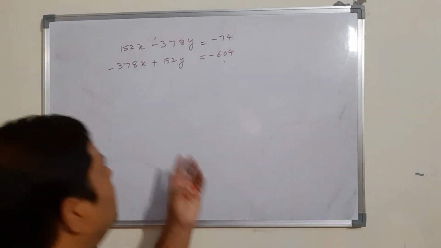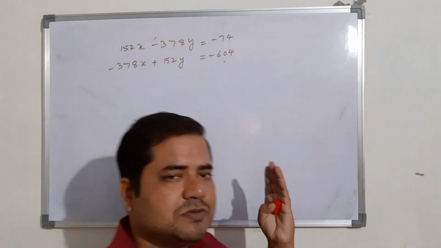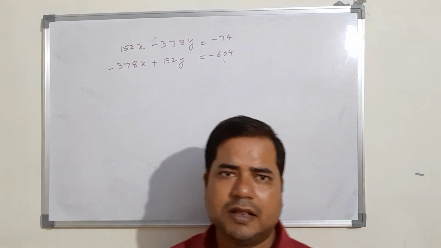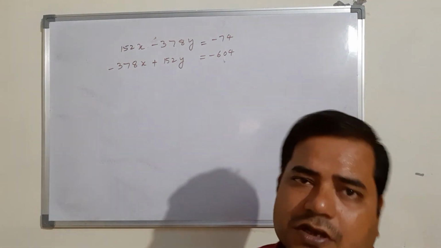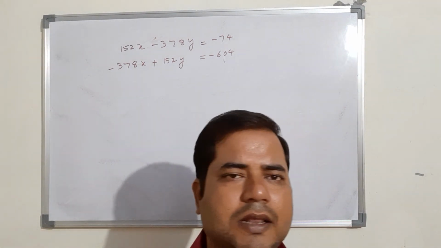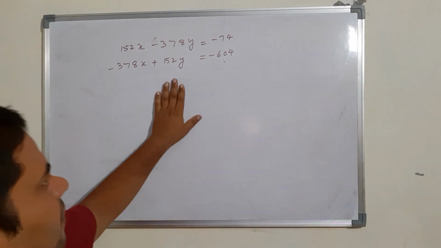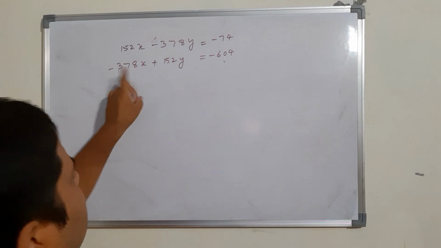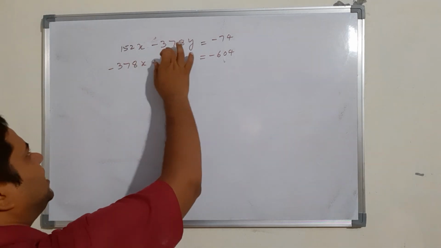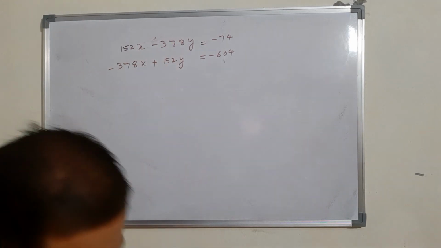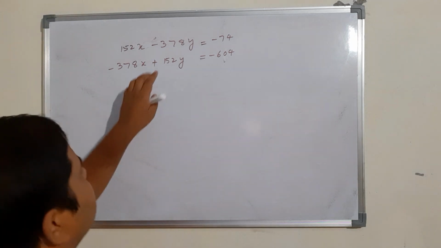As you see, substitution as well as elimination, any method you have to use, but this question is tough for all the methods. So we will apply here a particular method which is always used in change of coefficient. You see here the coefficient should be changed.